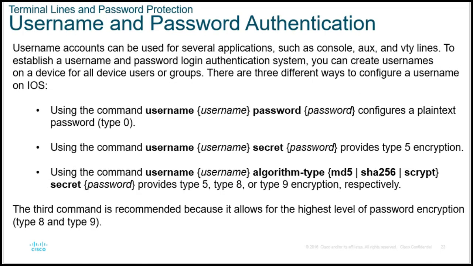So dari segi configuration, we can relate these levels or the type of passwords based on what kind of keyword that we use. So if we use the command username and password, this is basically a plain text password or type 0. If we use the keyword secret, then it provides type 5 encryption.